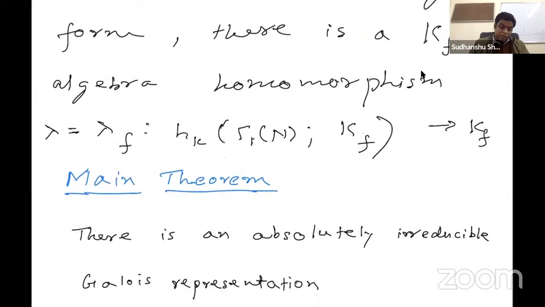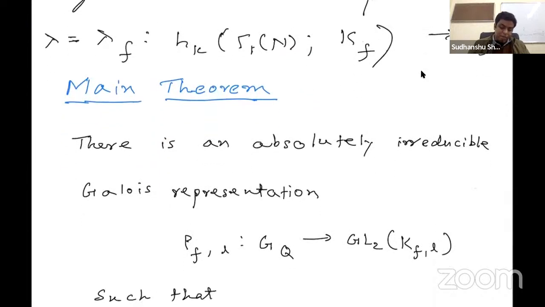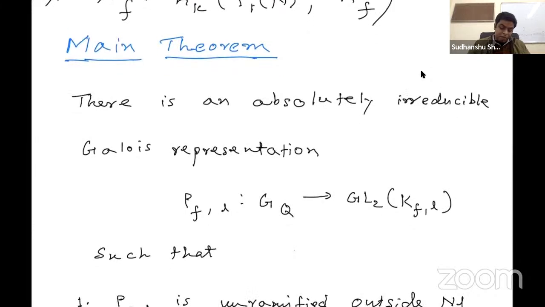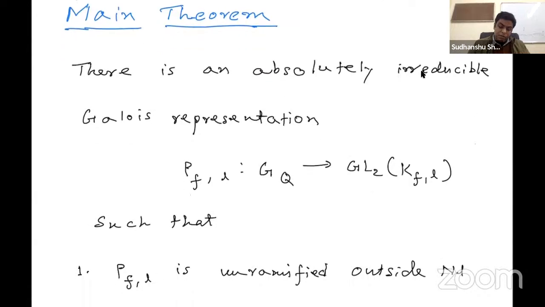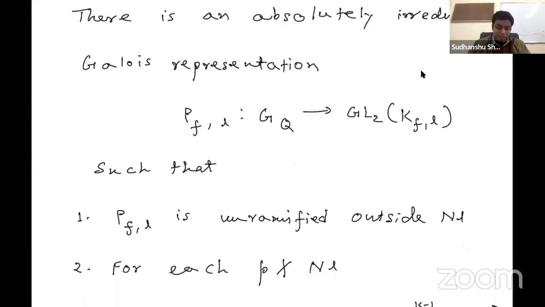Okay, so the main theorem of this talk is that there is an absolutely irreducible Galois representation rho_{F,L} from G_Q to GL_2 of K_{F,L}, such that, here are the properties of these representations, which actually describe the representation also.